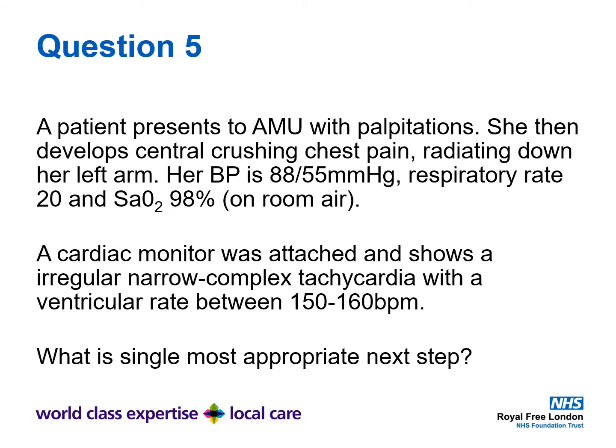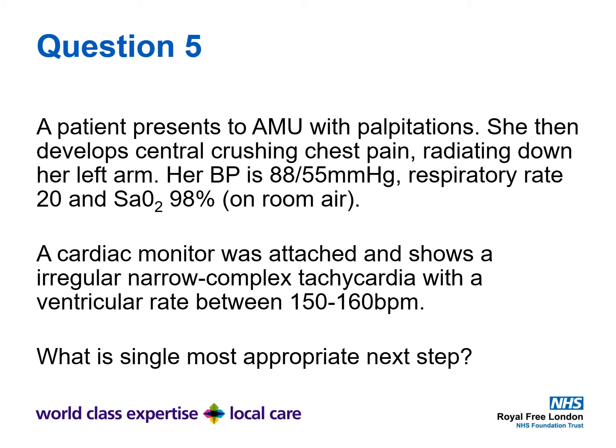Question 5. A patient presents to the acute medicine unit with palpitations. She then develops central crushing chest pain radiating down her left arm. Her blood pressure is 88/55, respiratory rate 20, and oxygen saturations of 98% on room air.